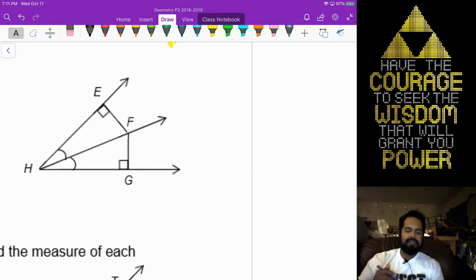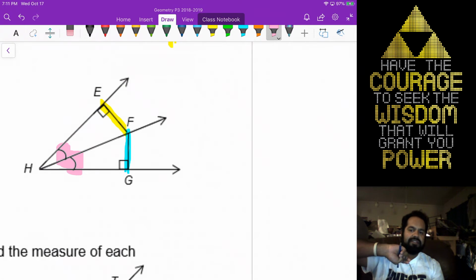Okay, so if we look at this picture, we're talking about this side and this side respectively. Now the reason we know that they're going to be equal is because we have an angle bisector in that corner cutting the 2 sides in half.